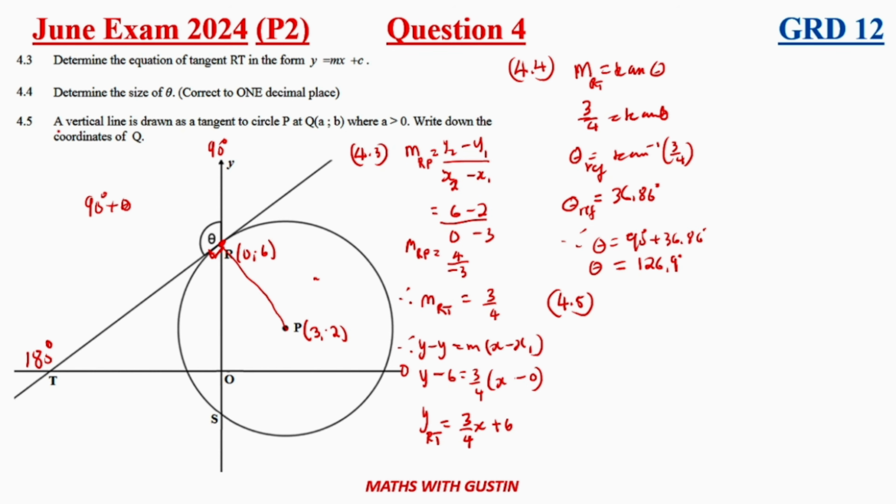4.5 says a vertical line is drawn as a tangent to point P, at Q, where A is greater than 0. So the X value is greater than 0. So this line is drawn as a tangent to point P. Okay, so there's a line that is drawn here.